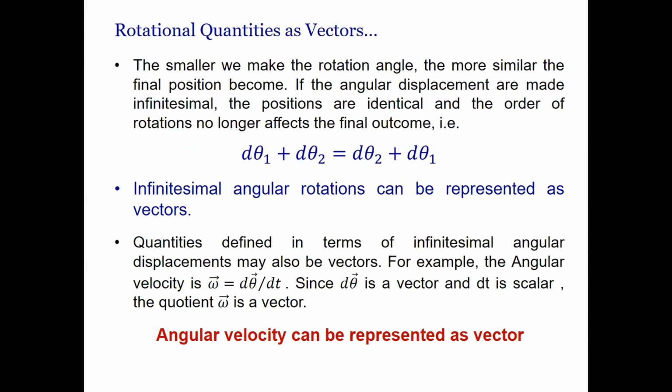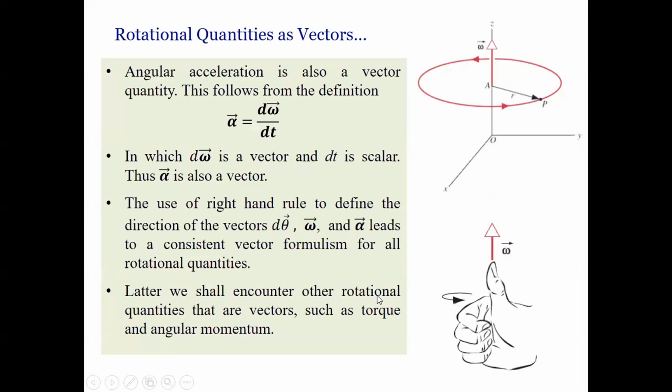So rotational quantities have this tendency that if the angular rotations are represented by vectors, then the displacements must be very small. And if this is the case, the angular velocities can always be represented as vectors. Now, if rotational quantities are treated like vectors, then the right-hand rule will define the direction of the vectors.